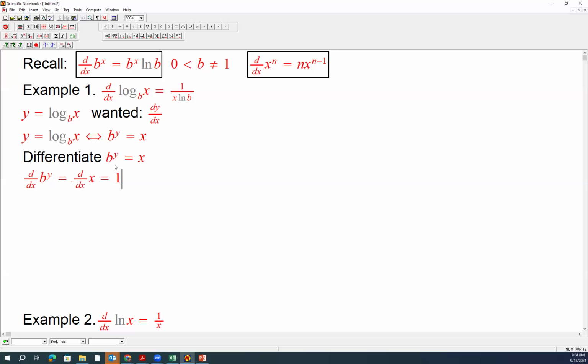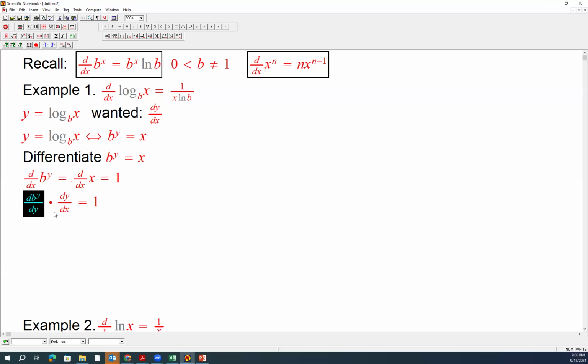The right-hand side equals 1. For the left-hand side, we're going to apply implicit differentiation, or the chain rule. So we focus on the left-hand side: we differentiate with respect to y, and then multiply by dy/dx, which is what we're looking for.